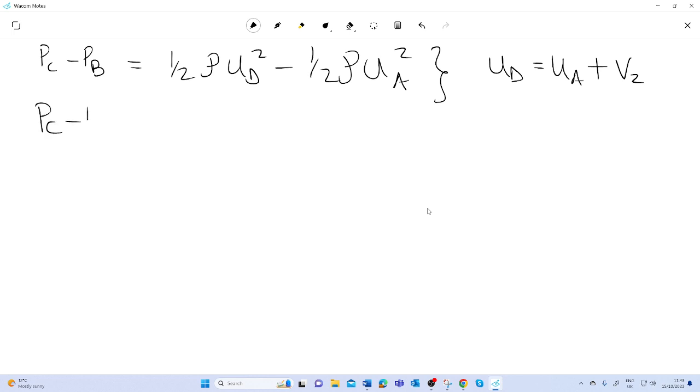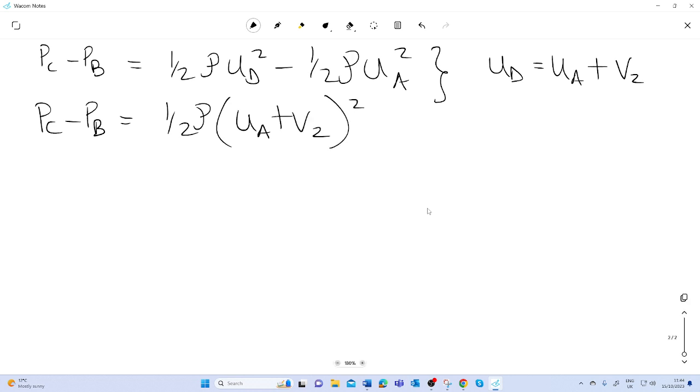So our PC minus PB equals half rho (UA plus V2) squared minus half rho UA squared.